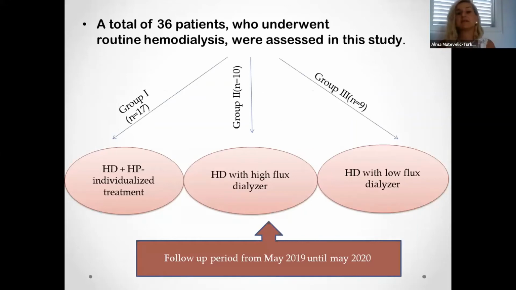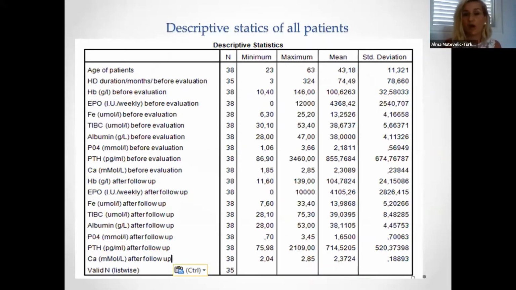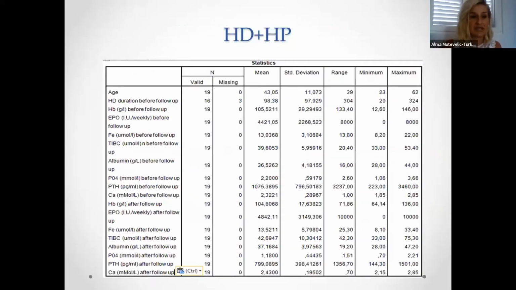When we did the descriptive statistics, you can see that the descriptive statistics of all patients that were included in this study are listed in this table. Also, you can see the descriptive study of our patients who received hemoperfusion in this table: the duration of hemodialysis, the values of hemoglobin, their EPO doses, the values of ferrum, TIBC, albumin, phosphorus, parathyroid hormone, and calcium.